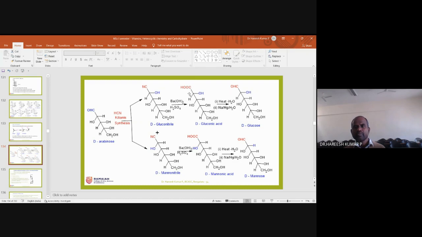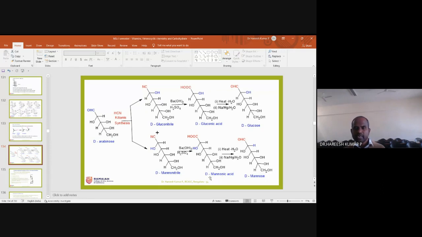This carboxylic acid, on heating followed by reduction, converts the carboxylic acid into aldehyde. The obtained one is called D-glucose.